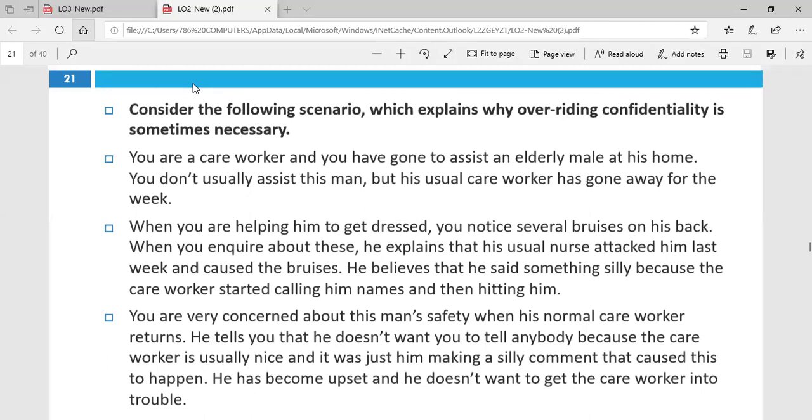There could be continued harm. Yes, it's an abuse.